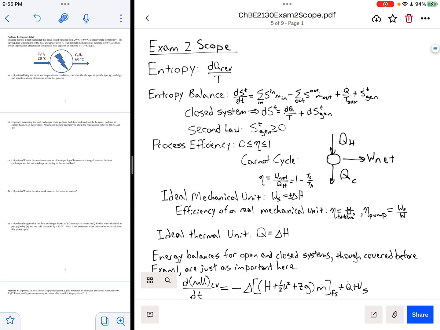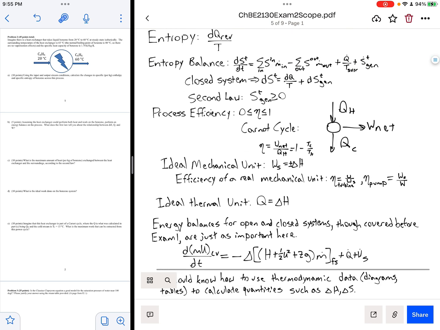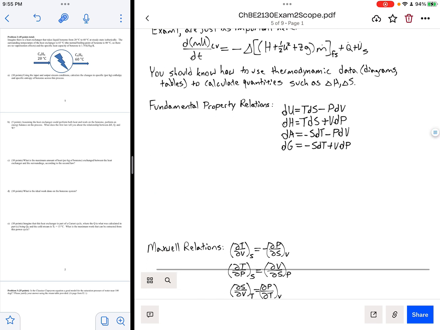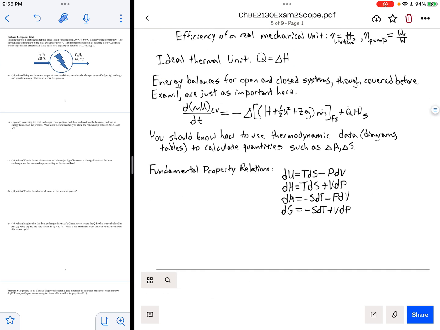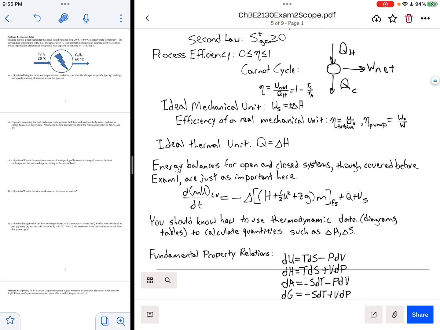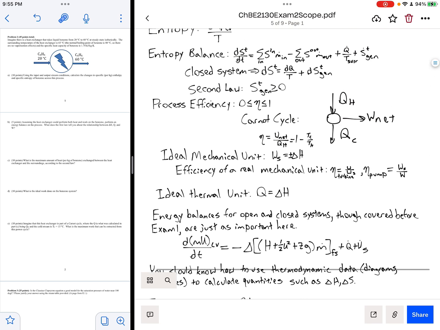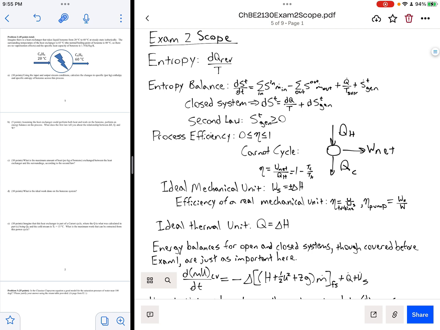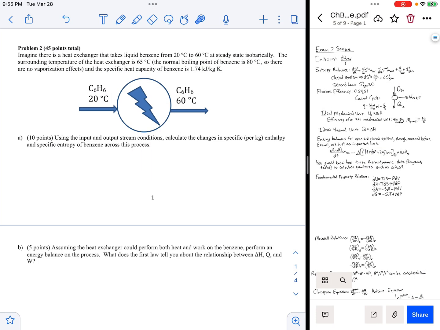a balance of energy. Right at the bottom of the page, well, I guess now at the top of the page, the energy balance equation, looking at an ideal thermal unit, Q equals delta H, or at least first law balances. I suspect this problem will start talking about entropy, so probably at the top of the page, we see entropy balances, and perhaps it gets into efficiency.